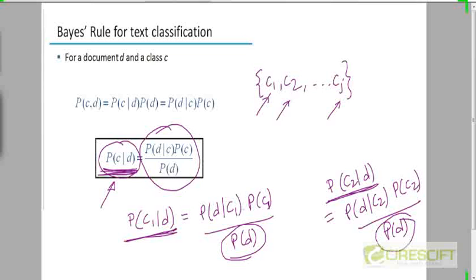Now, since the denominator is the same for both, it's better to just ignore the denominator, right? The class for which the value of the numerator is the highest is going to be the class for which the value of the whole expression is the highest, right? So it's sufficient to just maximize the numerator. Is that clear?